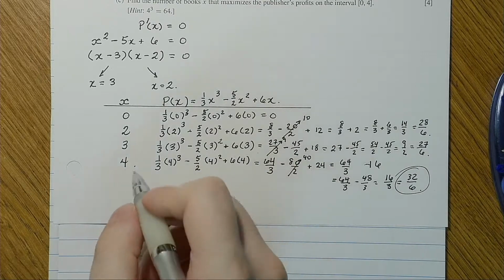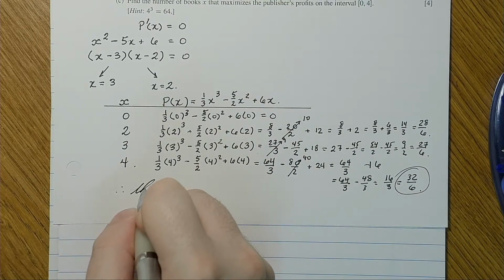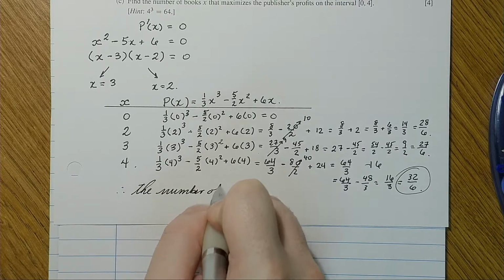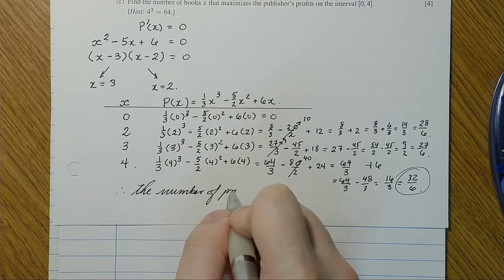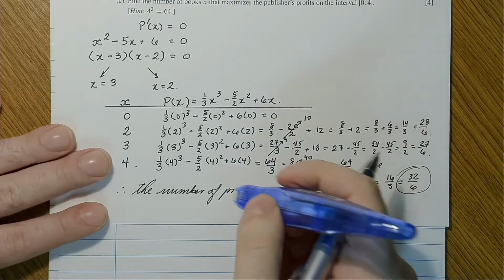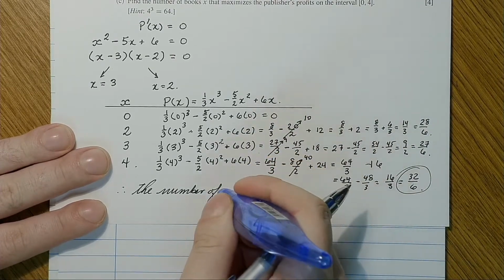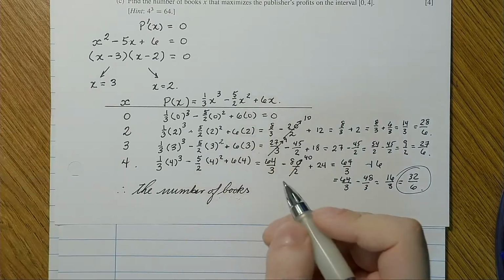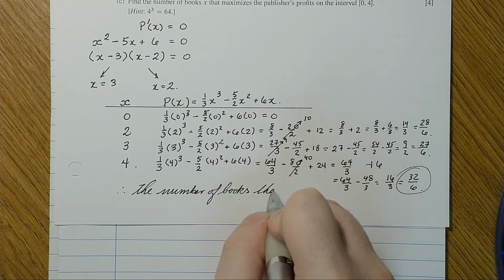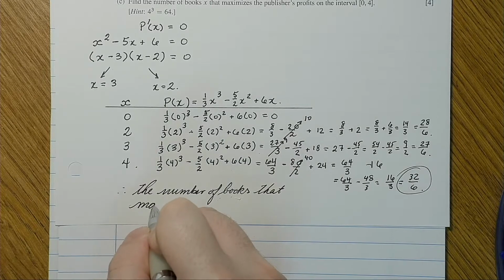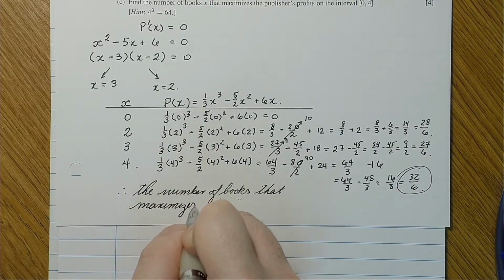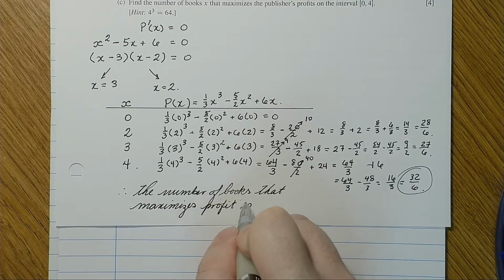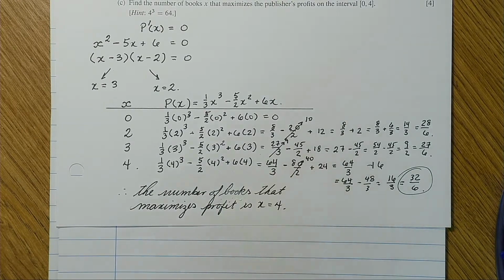So therefore, the number of books, of course, I was going after profit, but the number of books that maximizes profit is x equals 4.